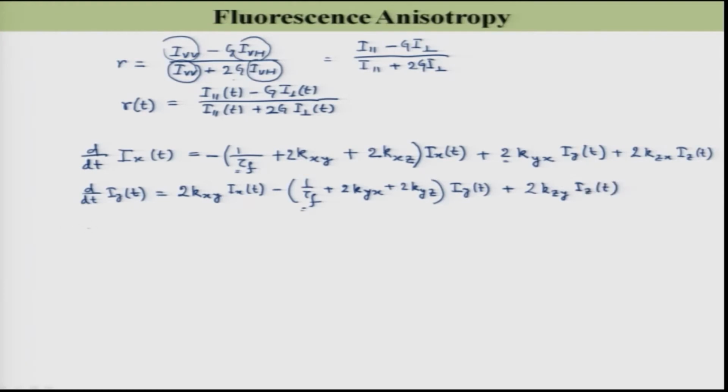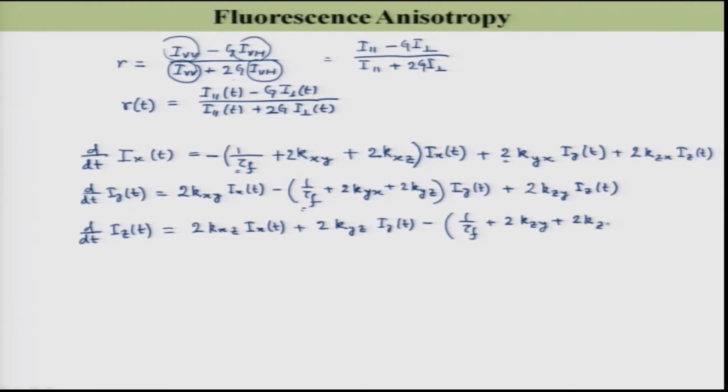And I can write the third one, d dt of I z t, as 2 k x z I x t plus 2 k y z I y t minus 1 over tau f, plus 2 k from z to x, 2 k z x I z t.